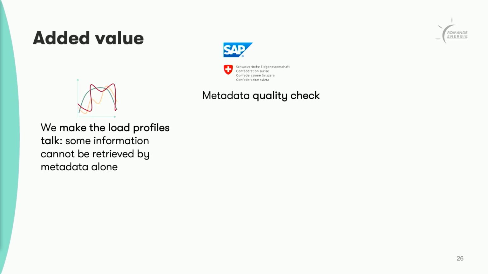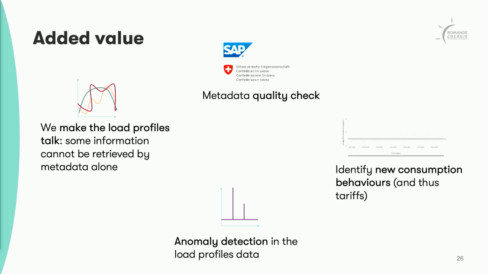So basically, the added value of this clustering on time series is that we make the load profile talk. Some information cannot be retrieved from the metadata, but it's also a good data quality check for the metadata, because as I said before, we are using two kinds of data sources.